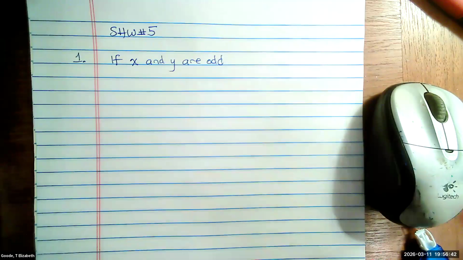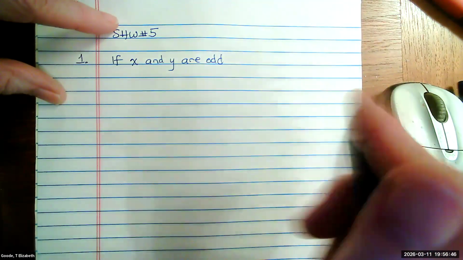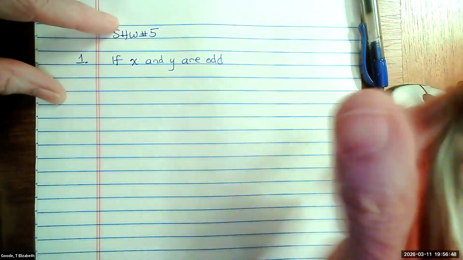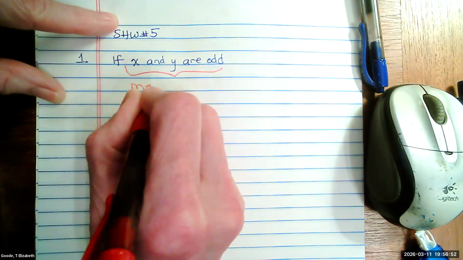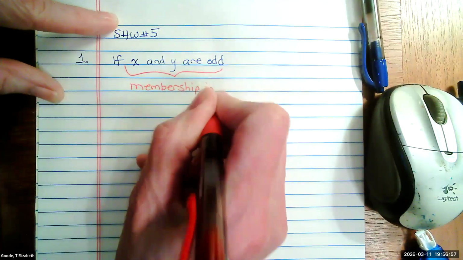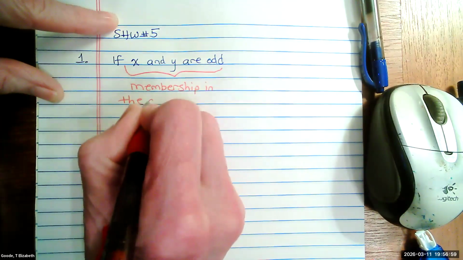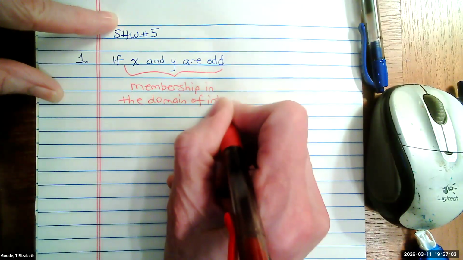You see what I mean? So we've made membership in the domain our condition. It's the hypothesis. That's called the condition. Membership in the domain of interest. Here it's the odds.